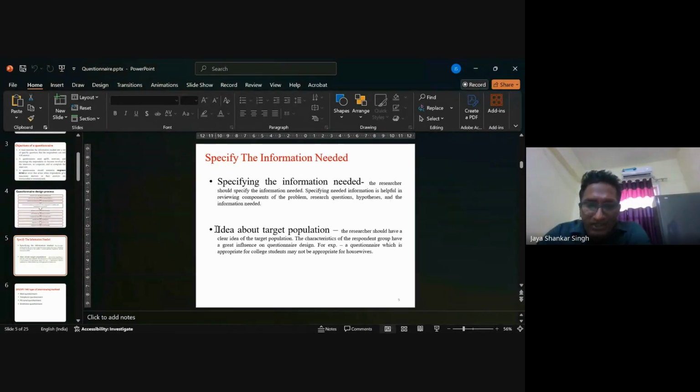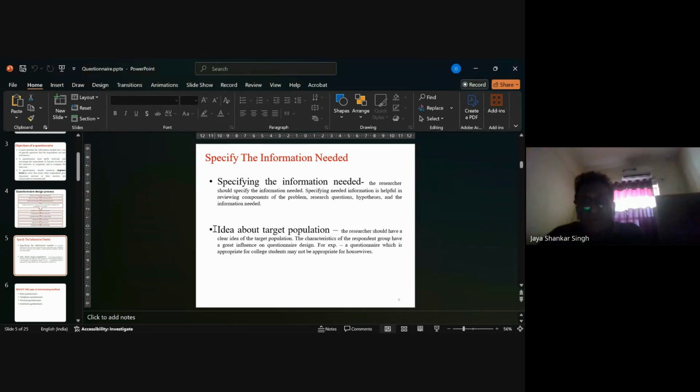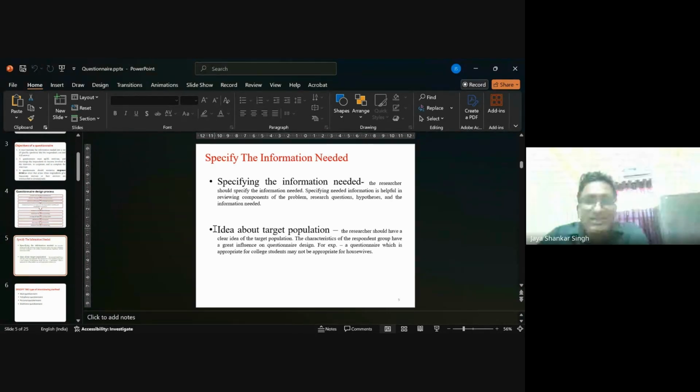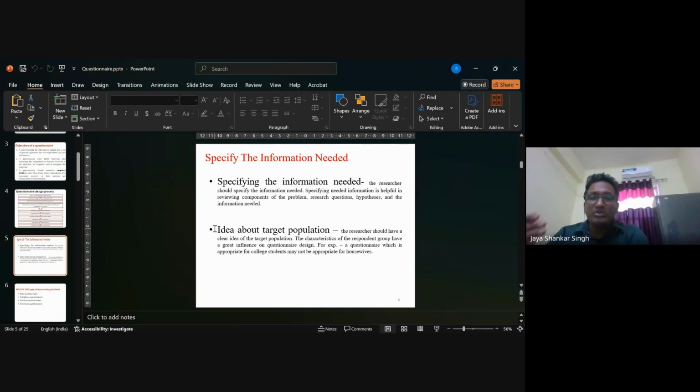It's important to understand your target population also, because they may not be able to understand the context in which you are collecting data. Doctors, suppose you are doing a survey of the doctors, so you can ask them more technical questions, medical term में आप उनसे discussion कर सकते हैं. But suppose you are collecting data from an engineering student, those who are not well versed with medical terms.